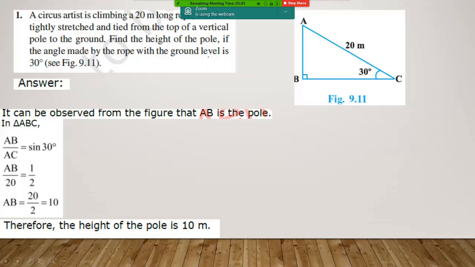Was your diagram done? Everybody has done the figure, right? Without a diagram, it's impossible. Shall I move to the next question? Sums left in between will go home, children.